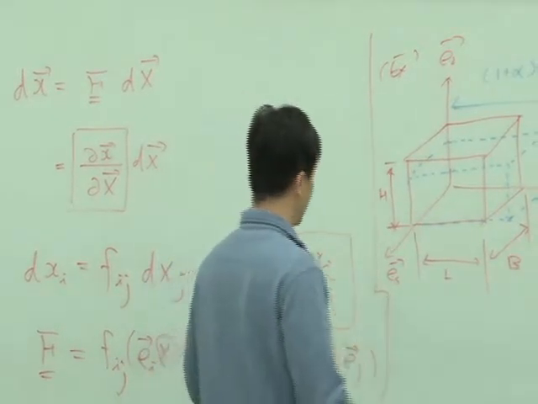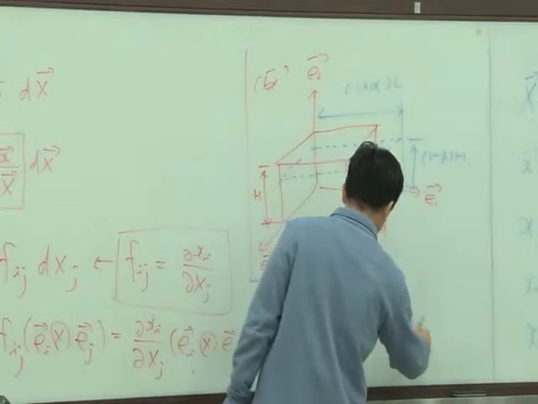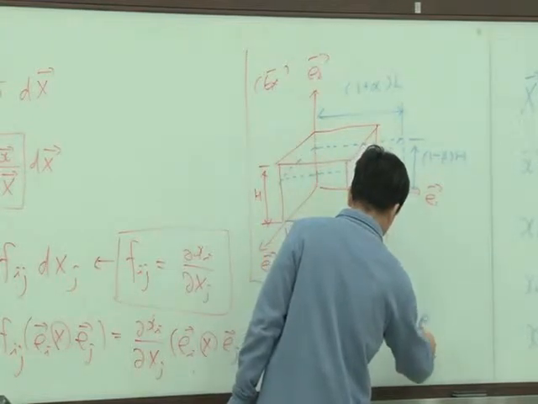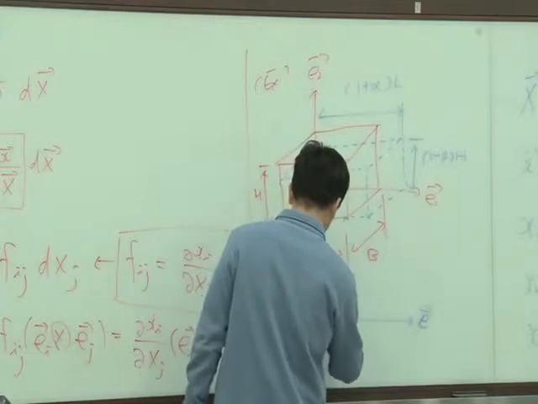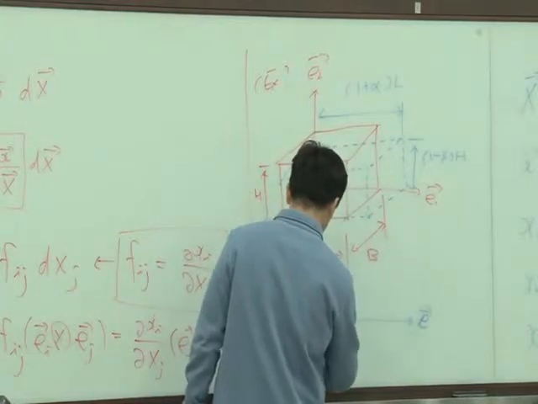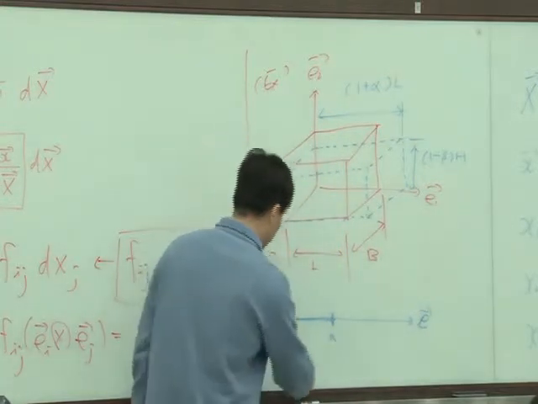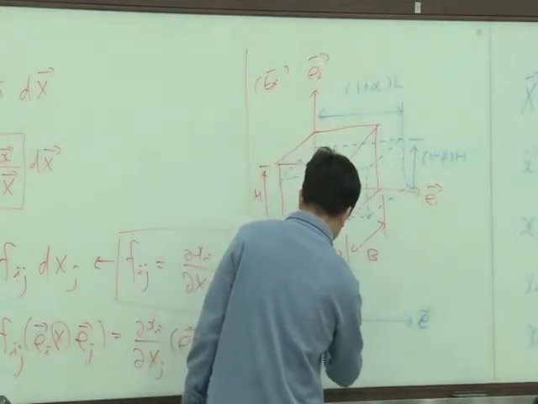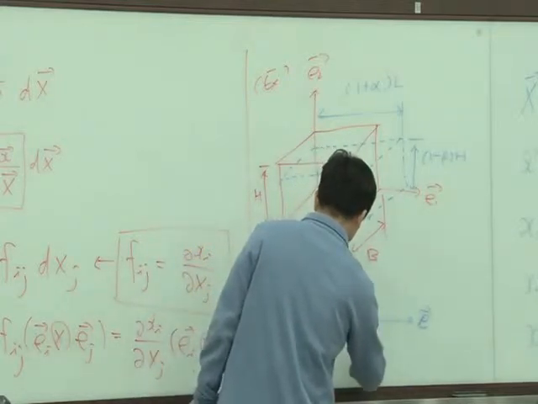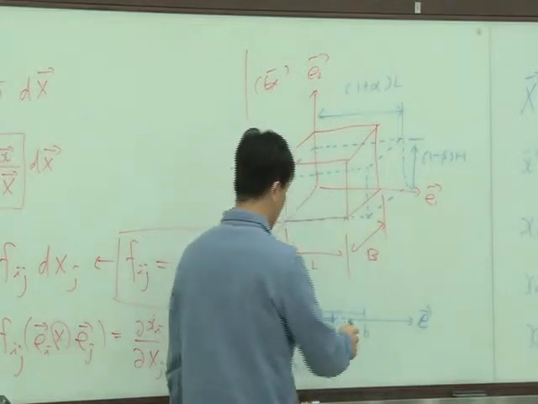For example, the 1D case. Let's say this is 1D, X1, E1. We have initially a bar from 0 to A. This is the point X equals 0. And this bar is stretched to B. Okay, what's the mapping relation?